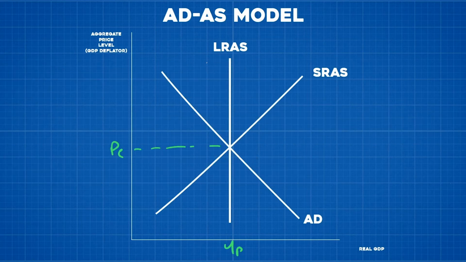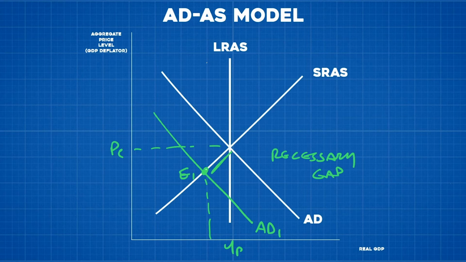So let's see how all of these things work together when things start shifting. Now suppose for some reason aggregate demand decreases, and that will move us to a new equilibrium point right here. So at this point, the economy is not operating at its full potential. And we call this space right here a recessionary gap. Now this kind of recessionary gap occurred in the 1930s in Germany and led to Hitler's rise to power.